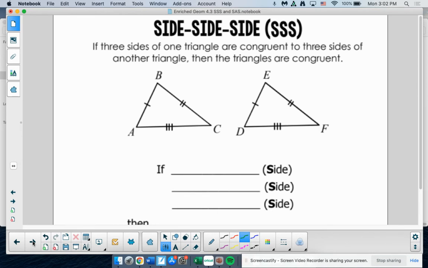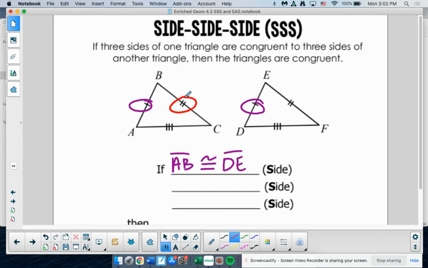If you have two triangles, and if three sides of the one triangle are congruent to three sides of another triangle, then they are congruent. So, let's pick our sides here. We have AB. If AB is congruent, one tick mark here, to DE, that's one pair.